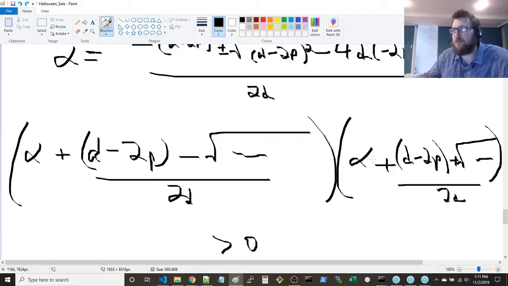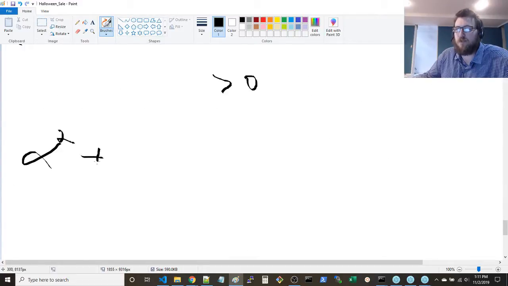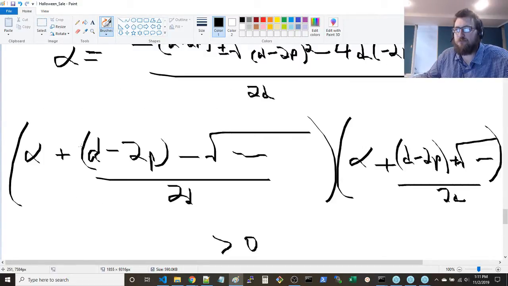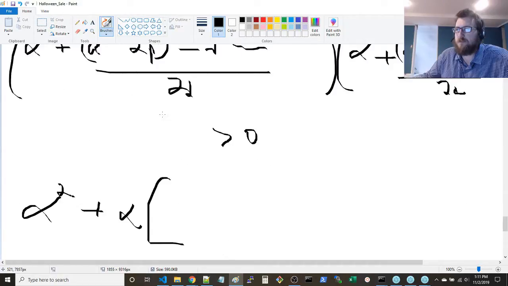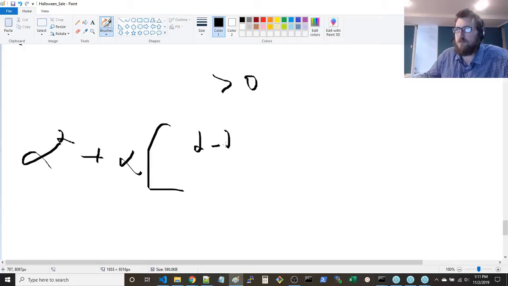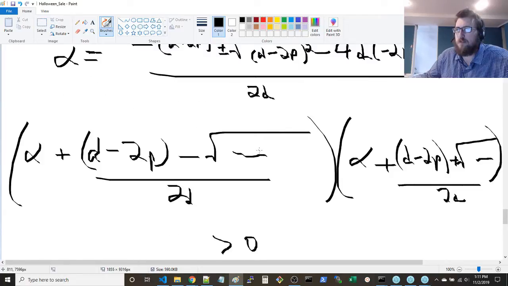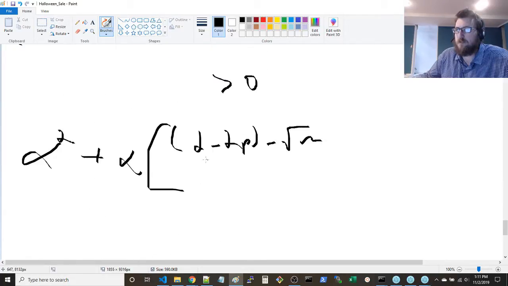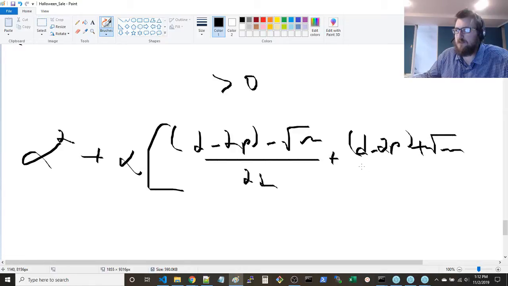So this would be alpha squared, plus alpha times this, plus the same thing times alpha. So it's going to be these two, d minus 2p minus this mess over 2d, plus d minus 2p plus this whole mess gives you 2d.